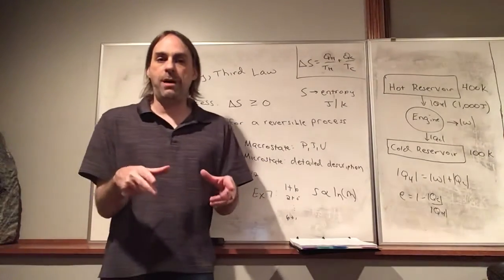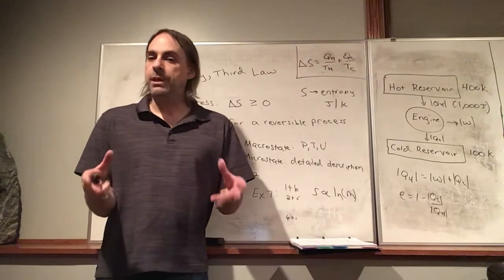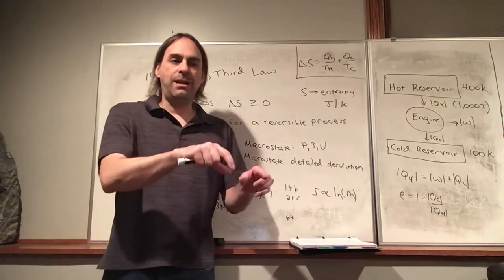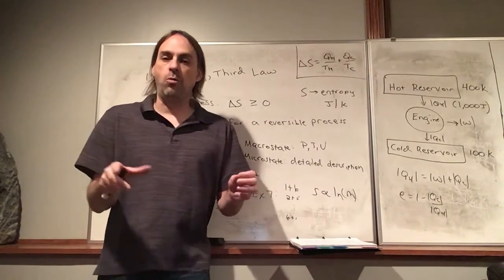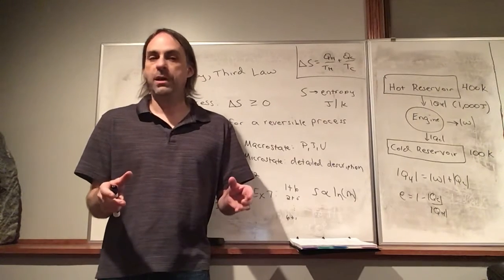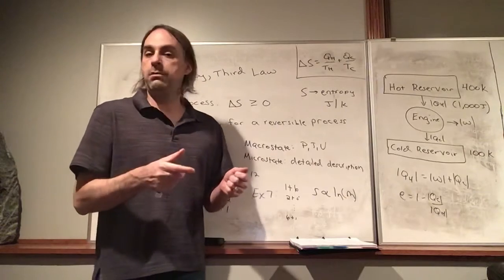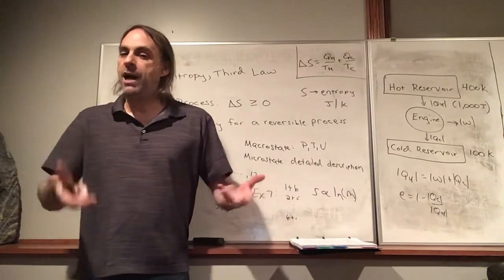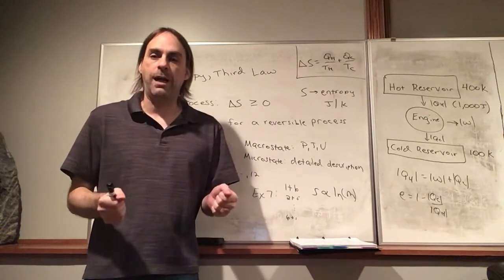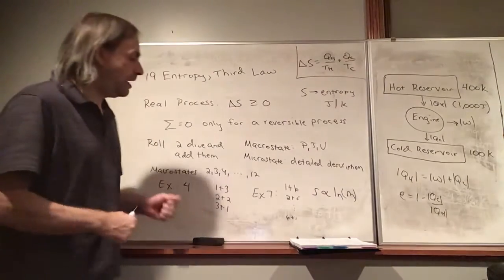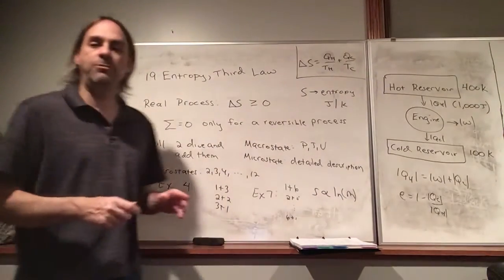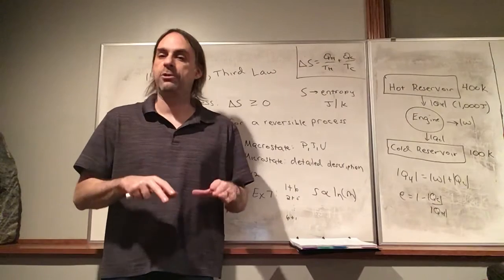Let's go back to that box with, say, 1 billion dice in it, and say we set it up so initially all the dice are 1 and our average value is 1. Now, it's very easy to get to that average of 3.5 or something close to that by just shaking the box. So it's possible for a system to exist in a very low entropy state.